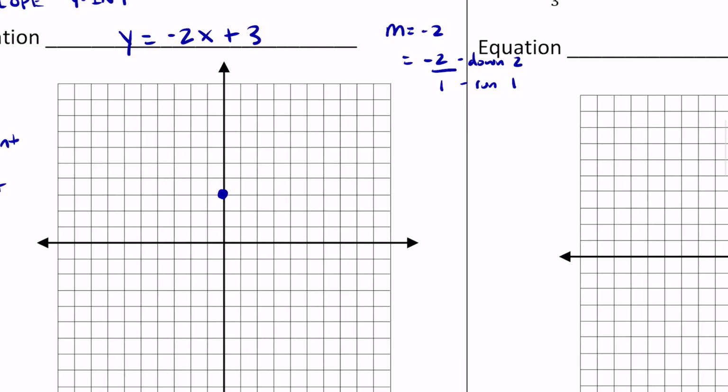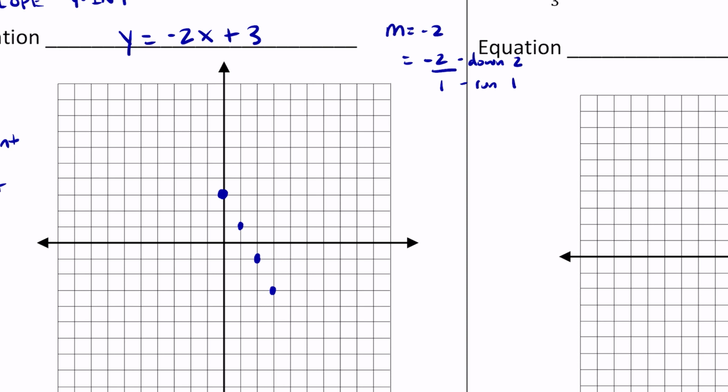So let's do that. So I'm going to go down 2, right 1, and that's where I'm going to put my point. And I do that again, down 2, so 1, 2, and then run to the right 1. Again, down 2, run to the right 1.